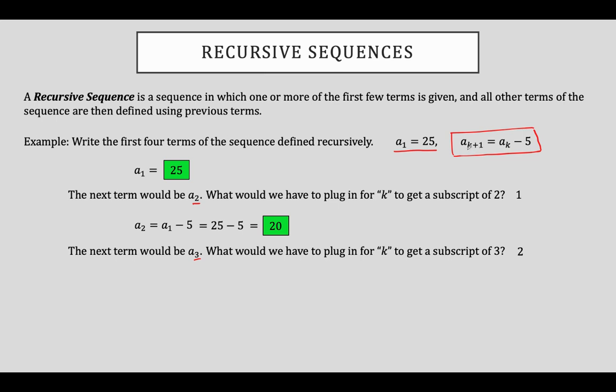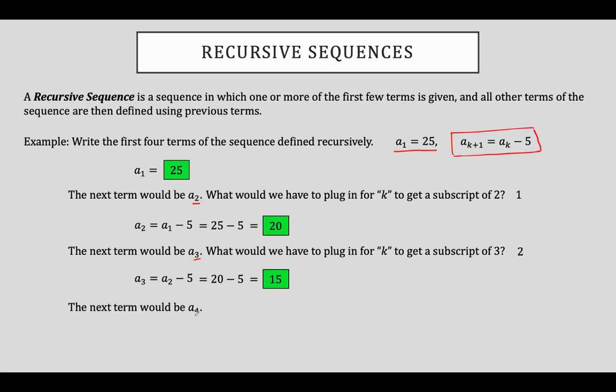And because I plug in 2 for k here, I substitute a 2 for k everywhere else. I get a sub 3 is equal to a sub 2 minus 5. A sub 2 is what we found previously, 20. This is 20 minus 5, which is equal to 15.